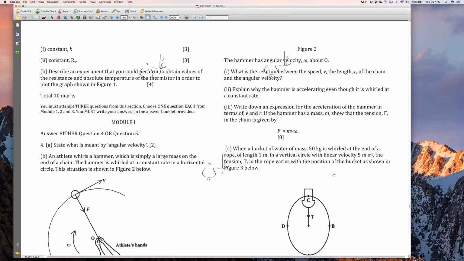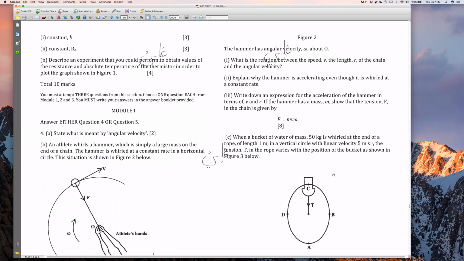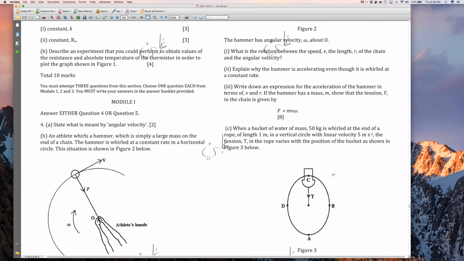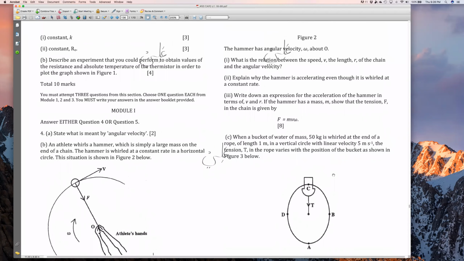All right, this is a nice question. We kind of tried to do some of this in class. The hammer has an angular velocity omega about O. What is the relation between the speed and the length of the chain? Again, we know v is equal to r omega, straight up.